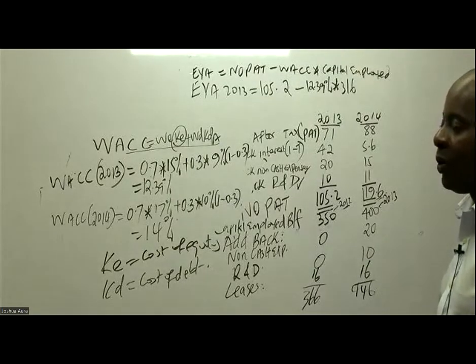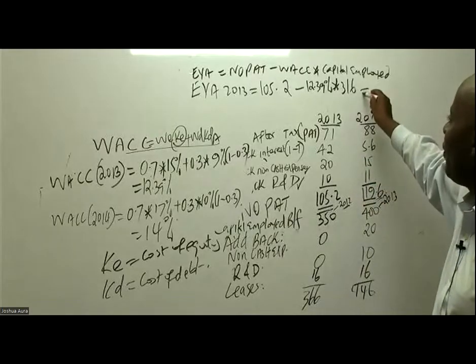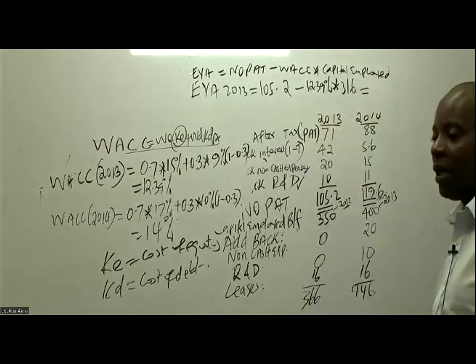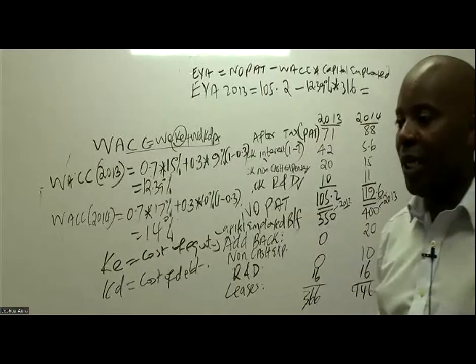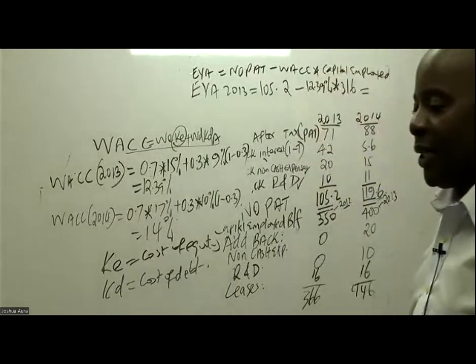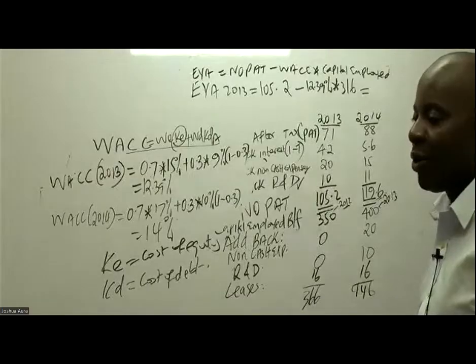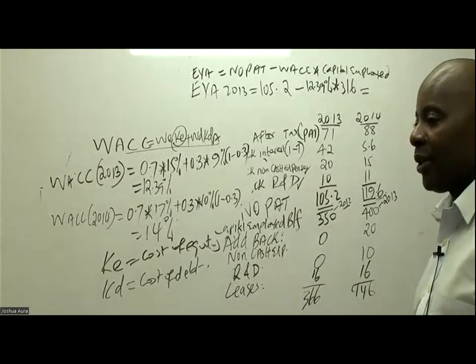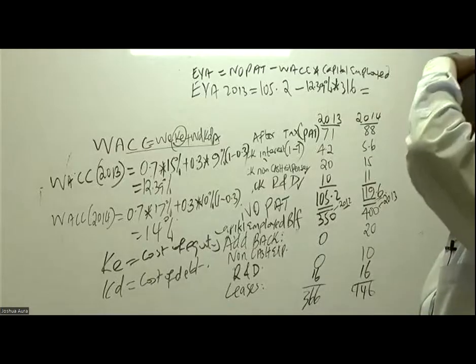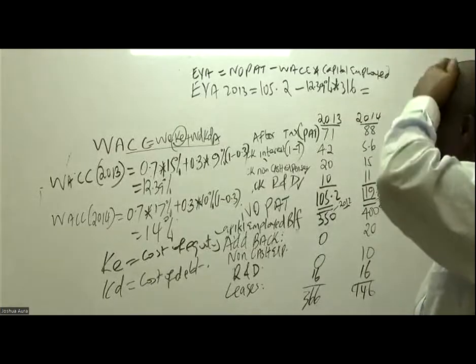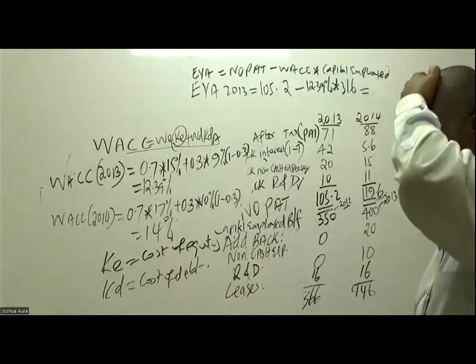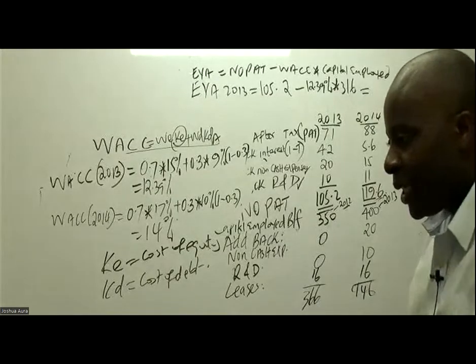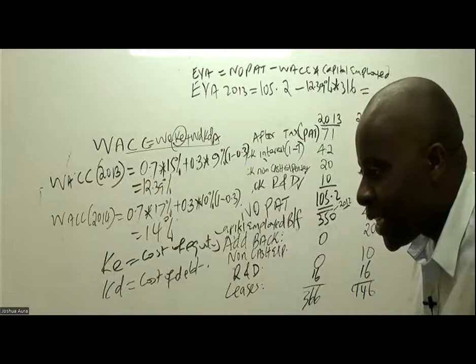So please ensure that you use your calculator very well to give me the answer of EVA in 2013. What are we able to get? Doreen Gatui tells me 366.